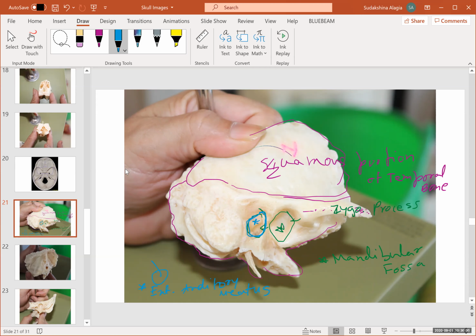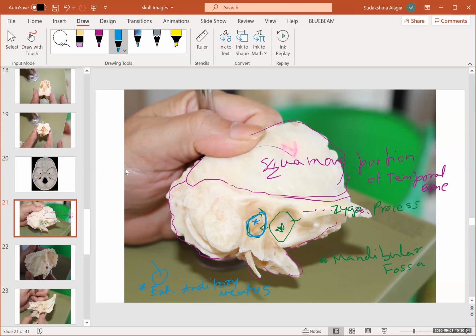Meatus is a long groove or a shelf. So we have the zygomatic process, an arch, the squamous portion, the petrous portion, the external auditory meatus, and the mandibular fossa.